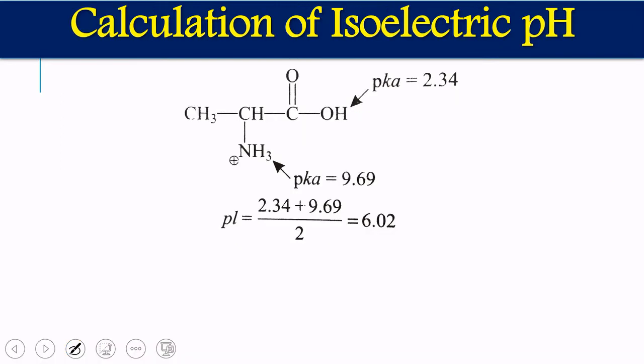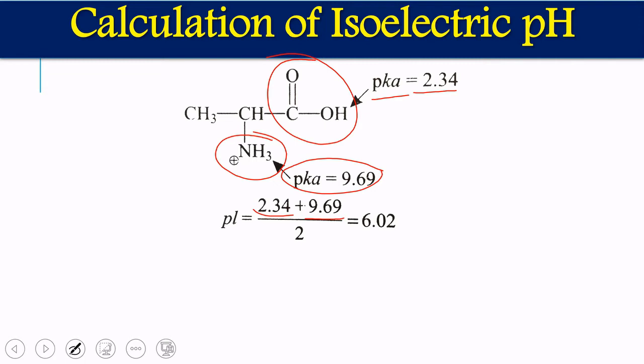Now how do we calculate the isoelectric point, or isoelectric pH? Take this amino acid which has two ionizable groups. One ionizable group is the COOH group, which has a pKa value of 2.34, and the other ionizable group is NH3+, with a pK value of 9.69. If an amino acid has only two ionizable groups, we take the average of both pKa values. So 2.34 plus 9.69 divided by 2 equals 6.02.